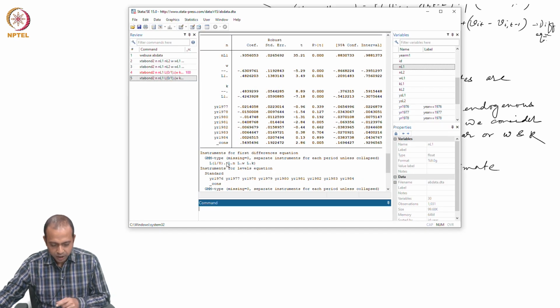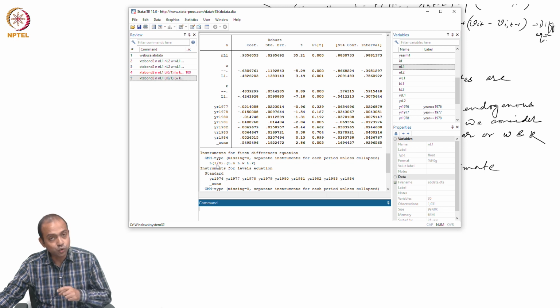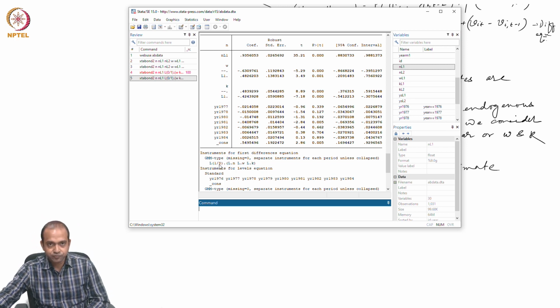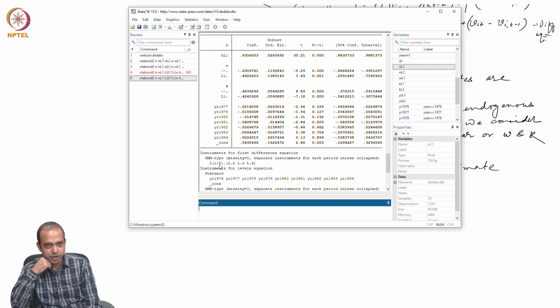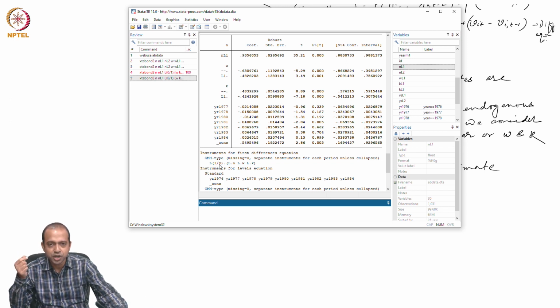If you see here in the GMM type instruments, lag of ln, lw and lk starts from first and it goes up to 8th order. So, when you are using that many instruments, it may so happen that quality of the instruments goes down drastically. So, instead of 8th period lag, I can always impose restriction on how many lags to be used in my estimation.